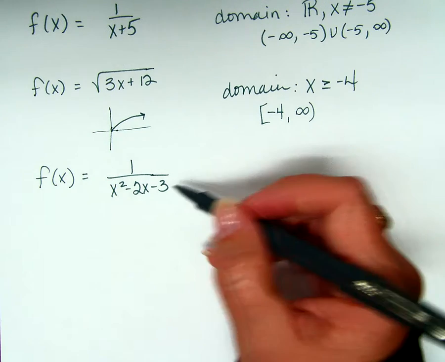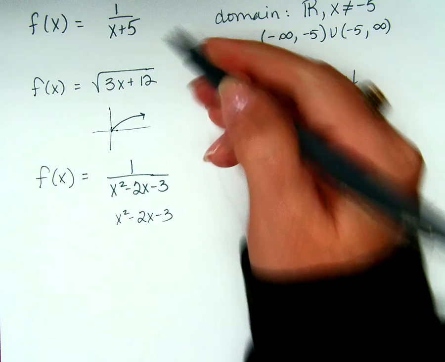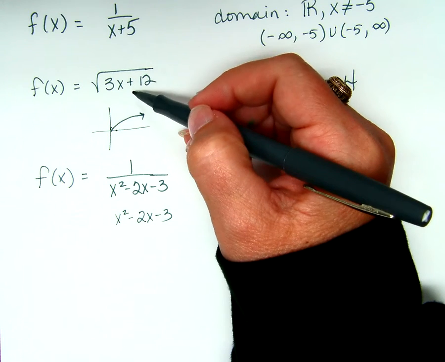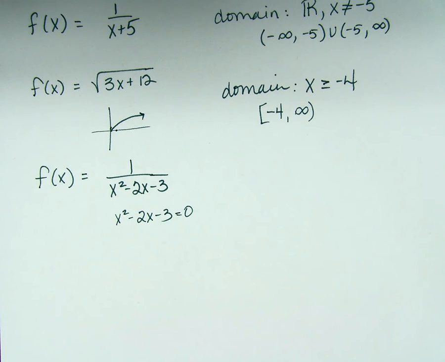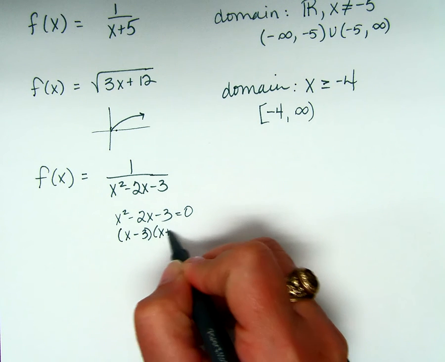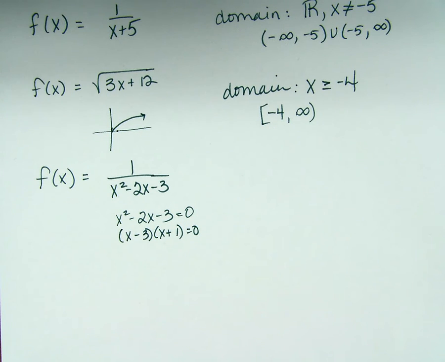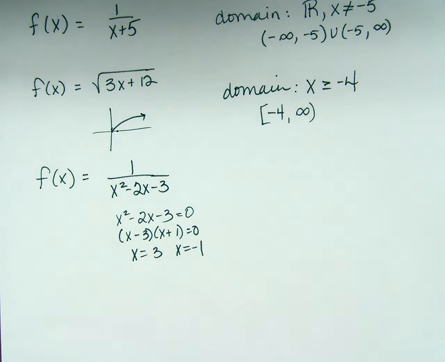If I set that equal to 0, most of us could do those in our head, but here I've got to factor that, or use the quadratic formula to solve it. But factoring would be a whole lot easier. x minus 3, x plus 1. Did you get that? So x equals 3 and x equals negative 1.